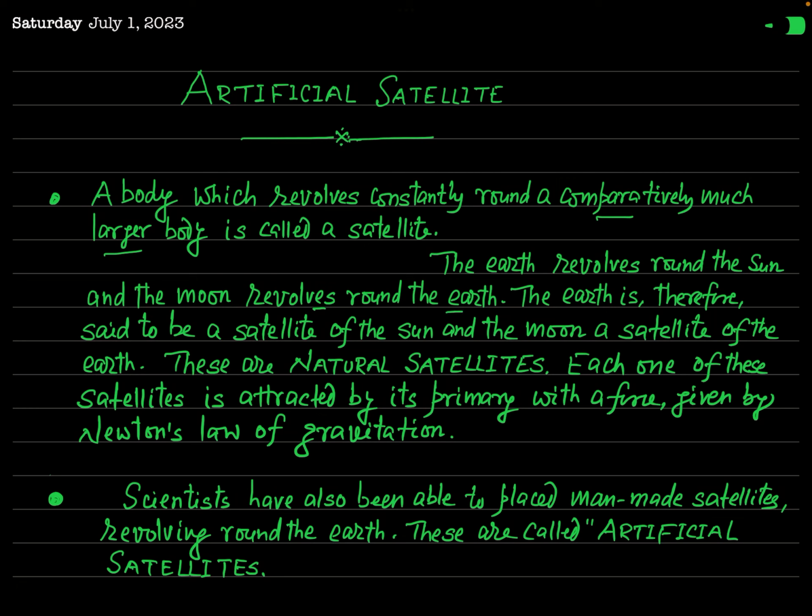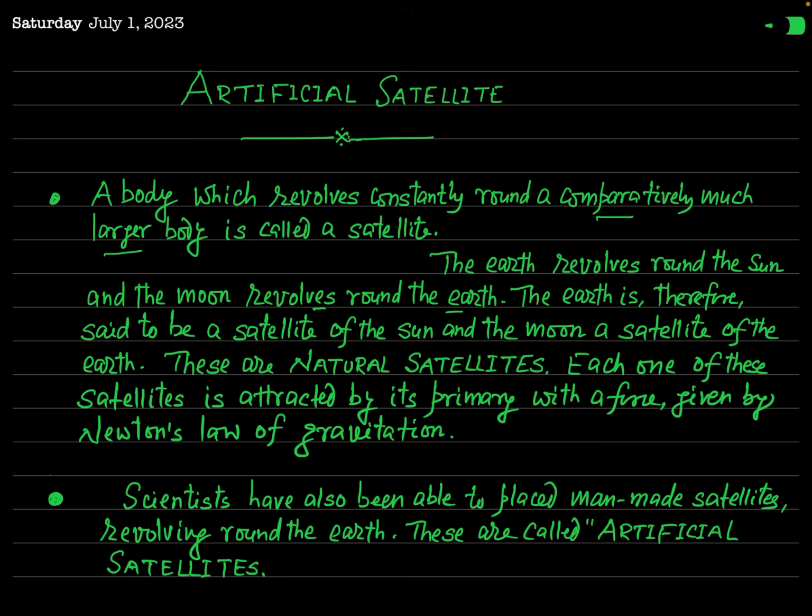So you can say, since earth is revolving around the sun, earth is a satellite of the sun. Although in geography we say that earth is a planet, here planet is not different from satellite, because in accordance with the definition, any body which revolves around a relatively massive body is called a satellite.